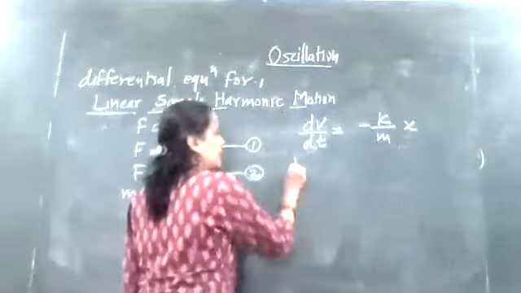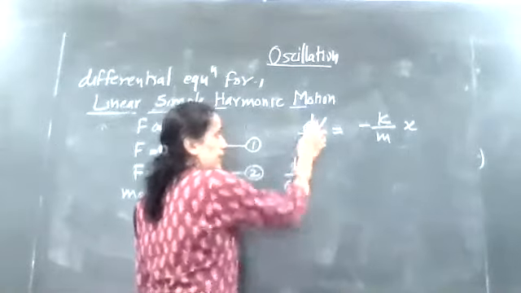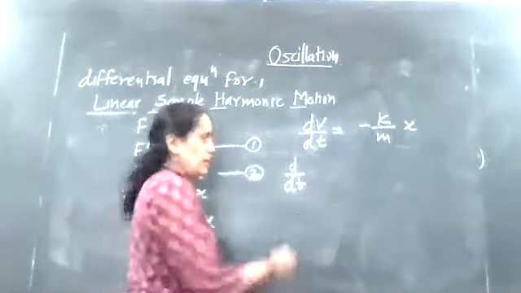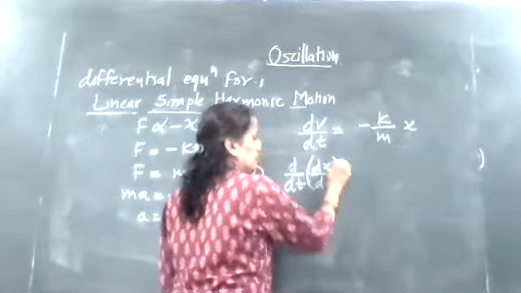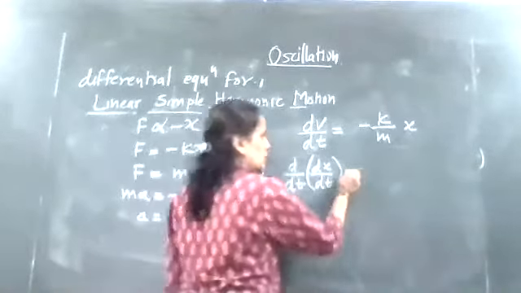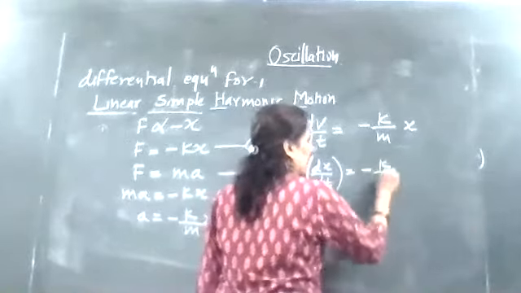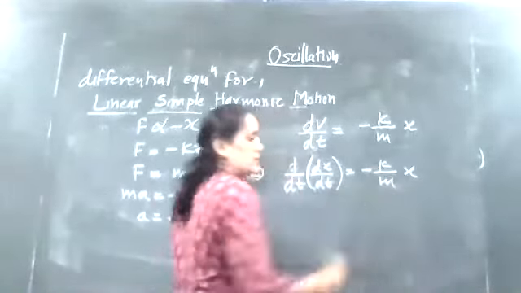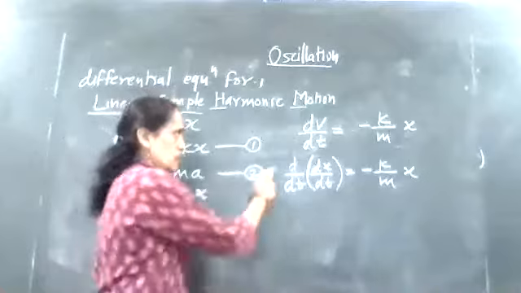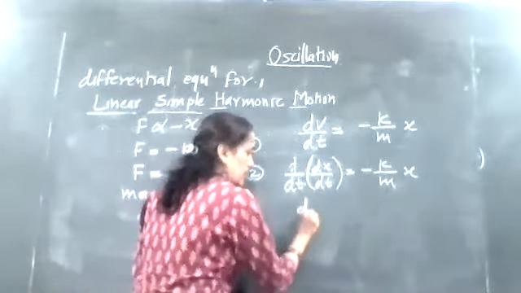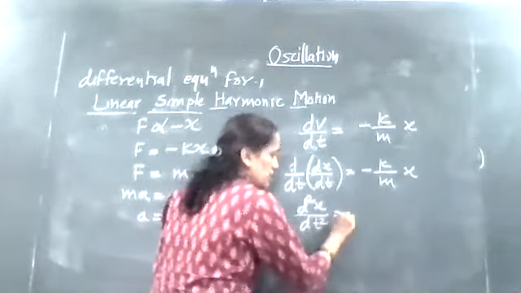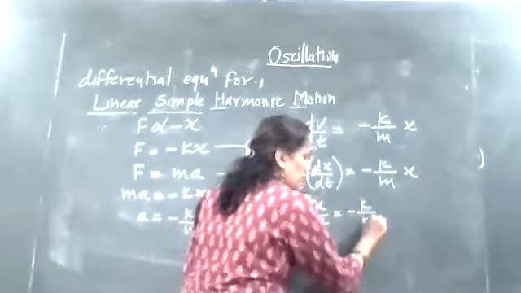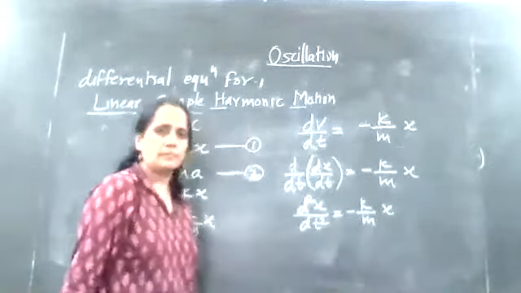Then d by dt of velocity, and the definition of velocity is dx by dt, which is equal to minus k by m into x. So I can write d square x by dt square is equal to minus k by m into x.